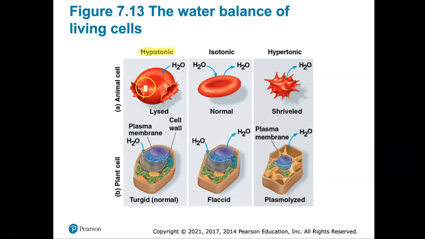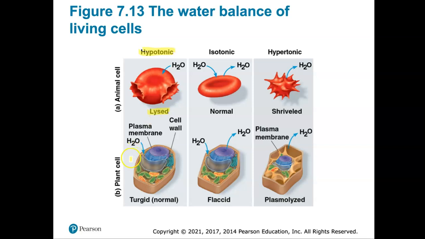So if a person needs fluid, they give them a transfusion of normal saline solution, because if they gave them just distilled water, their red blood cells would do this. They would swell up, they would burst, and we call that lyse. When a cell bursts, we say it lyses. With a red blood cell, a lot of times they'll use a term hemolysis, because red blood cells have hemoglobin. So sometimes when this happens, it's called hemolysis.